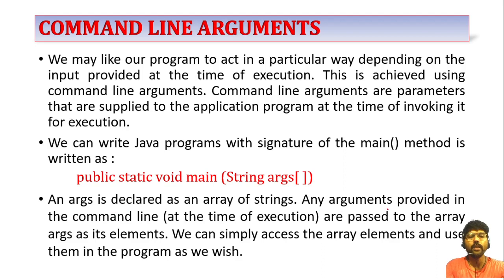Any arguments provided in the command line, meaning when you run the program and pass some parameters, are all passed to the String args. We can just use this String args wherever we need in the program, just like a normal string array.